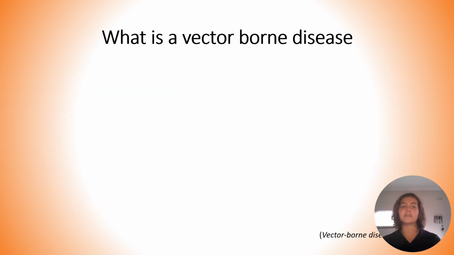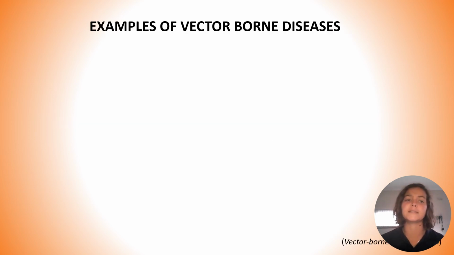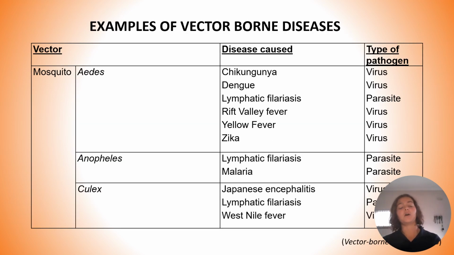What is a vector-borne disease? These are human illnesses caused by parasites, viruses, and bacteria that are transmitted by vectors. In the next slides, I have tabulated some examples of vector-borne diseases. Here are the vector, the disease caused, and the type of pathogen.